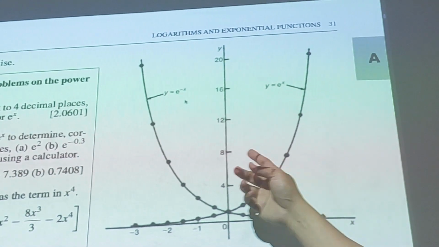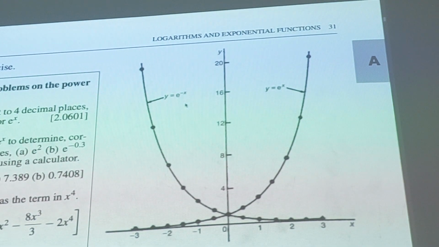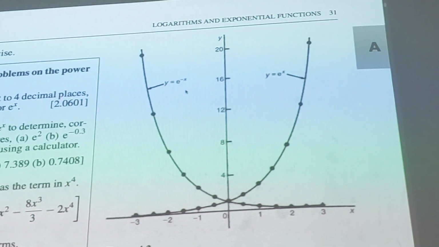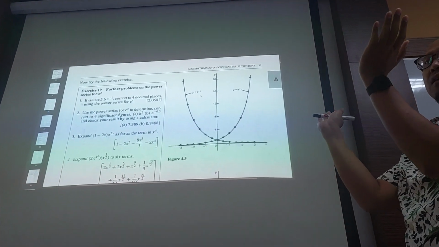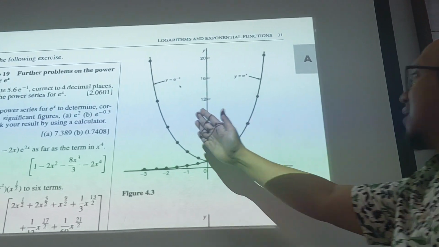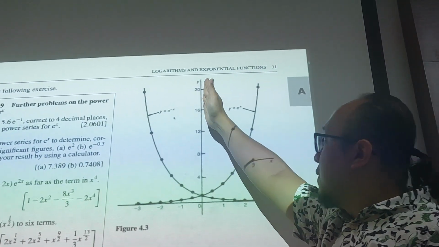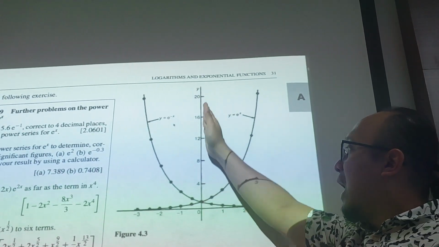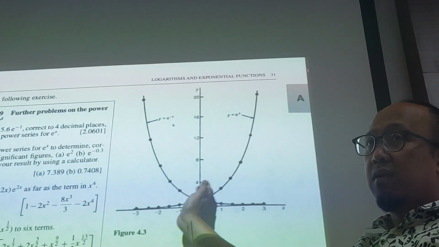If you see, the curves are identically similar to each other, but it's like a mirror. For example, this one is mirrored with the vertical axis, so you will get the other one. Okay.